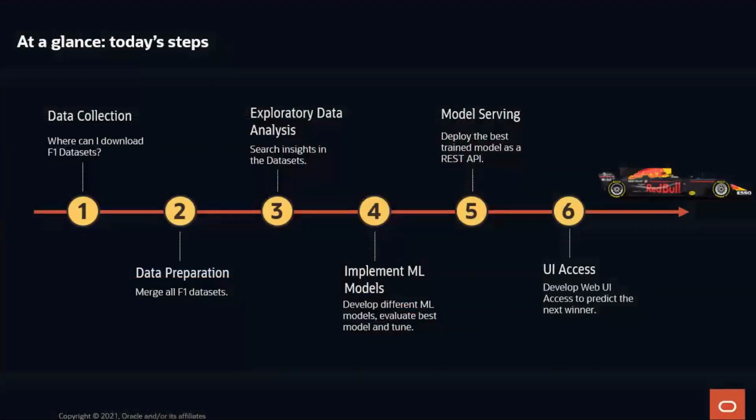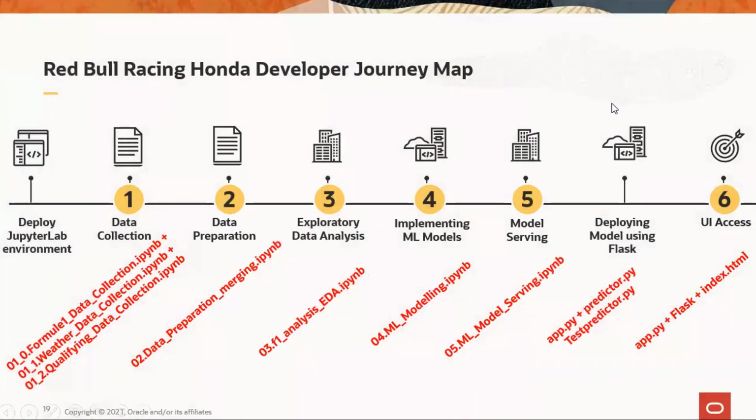So pulling back up, these are the core steps we're going to do. Data collection, data preparation, explore the data, implement the models, serve them up, and have an interface to access it. Now, in order to meet those steps, we're going to use different components.